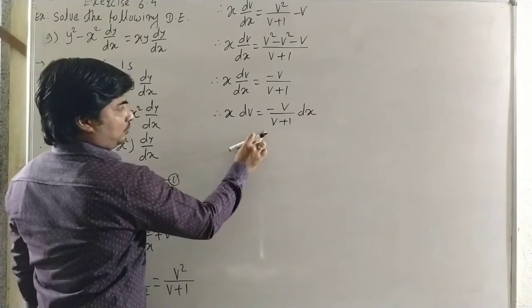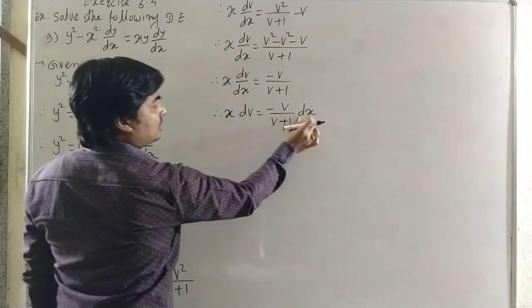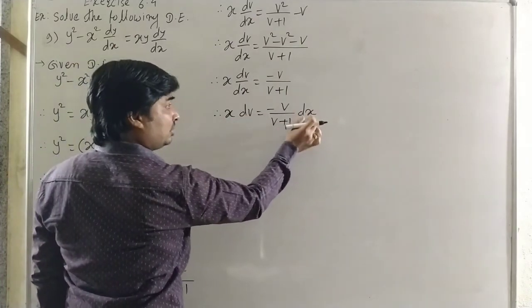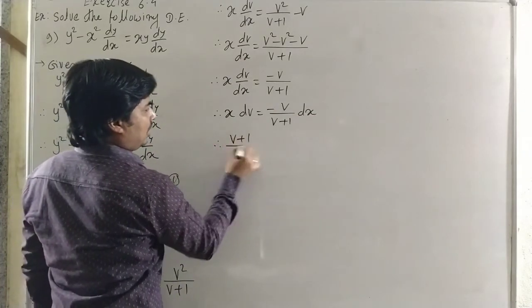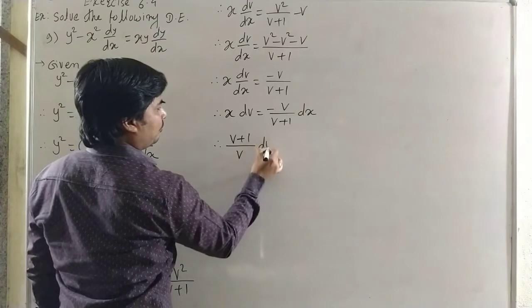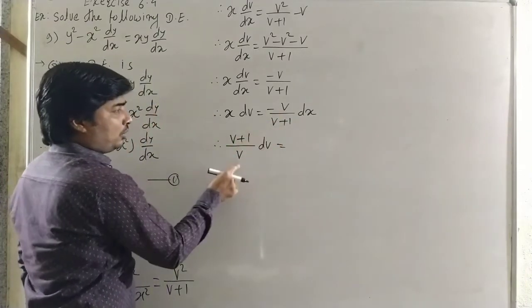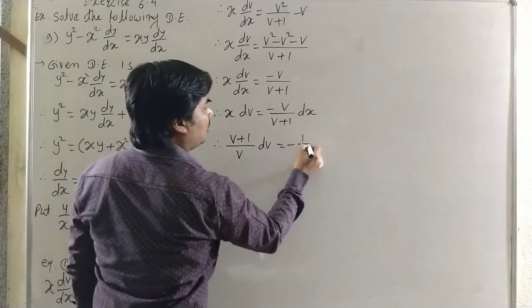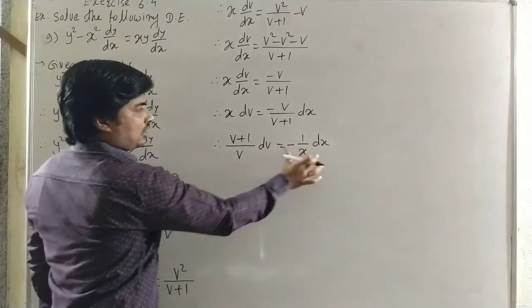Okay, now write all terms of phi with dv, and all terms of x with dx. Therefore phi plus 1 upon phi dv is equal to minus 1 by x dx. Now the variables are separated.